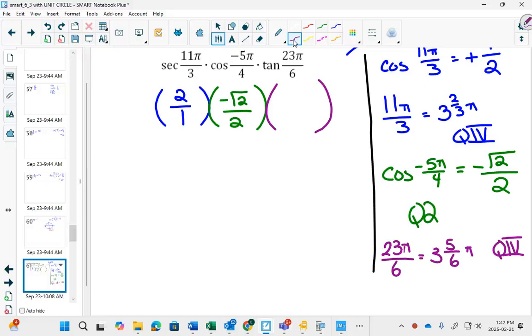Quadrant 4 for tangent is negative. Maybe I write it here too. It's negative. And I know my pi over 6 family for tangent is root 3 over 3. So this becomes negative root 3 over 3.